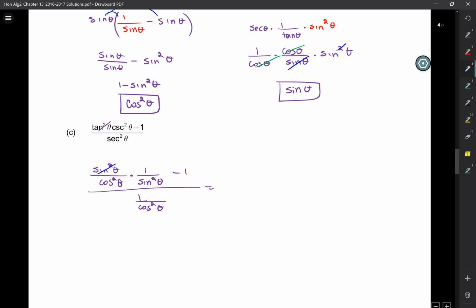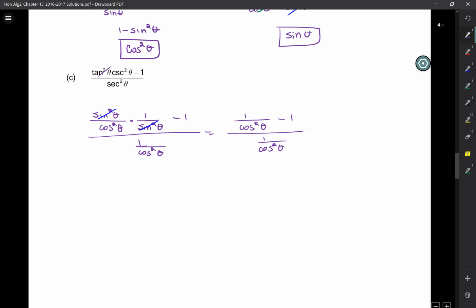The sine squared and the sine squared. So what I have here is 1 over cosine squared theta minus 1 over 1 over cosine squared theta. Can I cancel out the cosines? No, because there is a minus 1. So you know what I have to do? Common denominator.